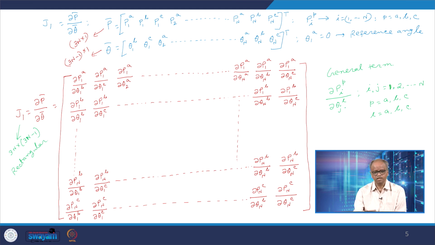Similarly, j can take any value 1 to n, and l can take any value a, b, c. Once we have these general expressions, we will be able to find this particular matrix. So this will take time, so we will do it in the next class. Thank you.